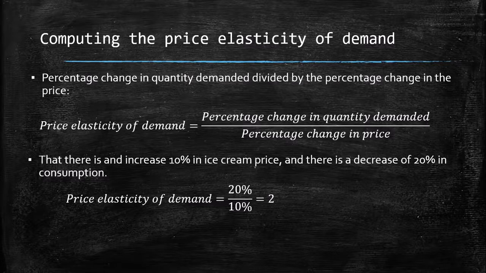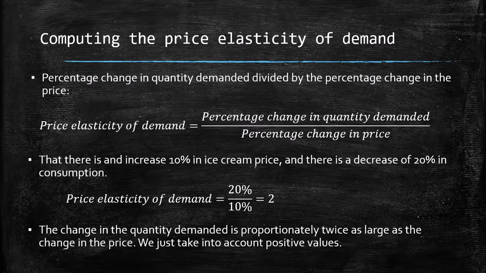The quantities change much more than the price, so in this case we can classify it as an elastic good. The change in the quantity demanded is proportionally twice as large as the change in price. Another important characteristic is that we are just going to take into account positive values.